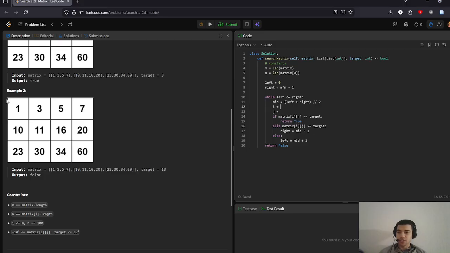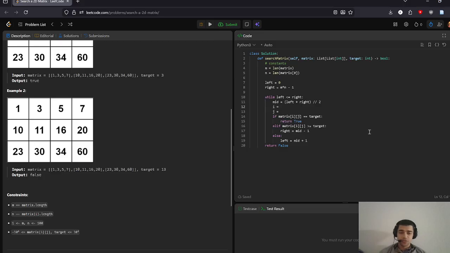we can do the calculations using only n. So we're not going to use m. We can calculate the modulo, and this is going to give us the j, and we can calculate the division by n, and this is going to give us i.